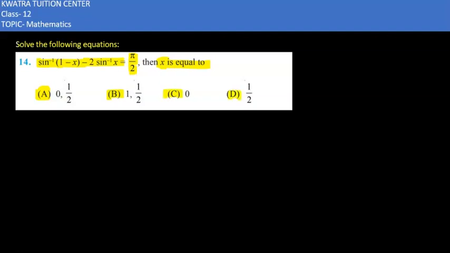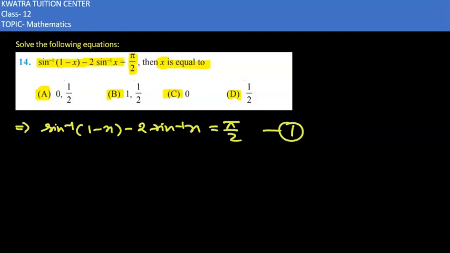So this is our question, and in our solution, first of all we will take the given equation, sine inverse (1 minus x) minus 2 sine inverse x is equal to pi by 2, as equation 1. If we put sine inverse x as theta, this will give us x is equal to sine theta.